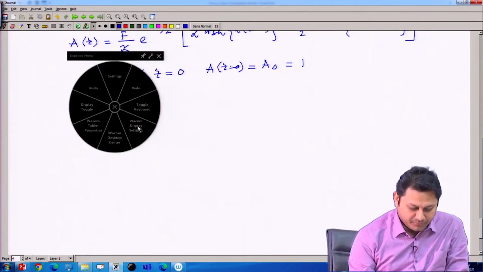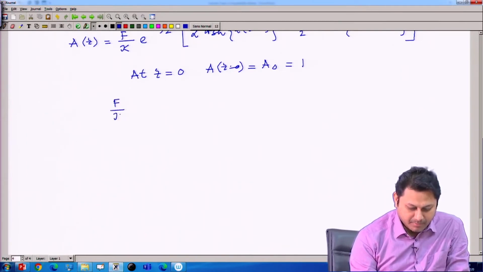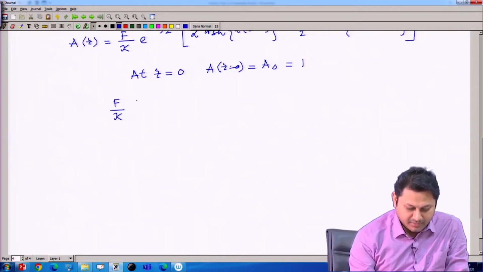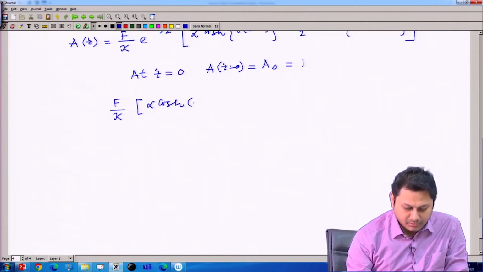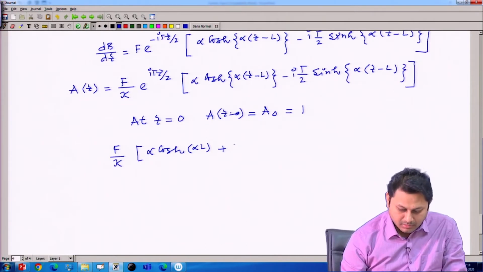So if this is the condition, then from this equation, if I put z equal to 0, I simply have f by kappa times alpha cosh of alpha L plus i gamma by 2 sinh of alpha L. This is equal to 1.